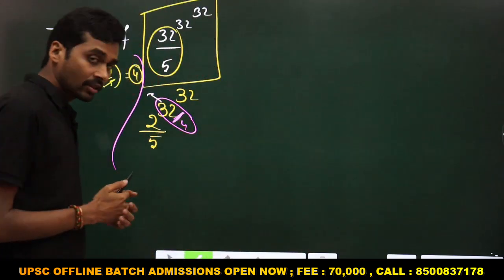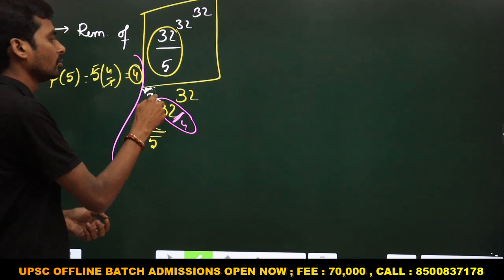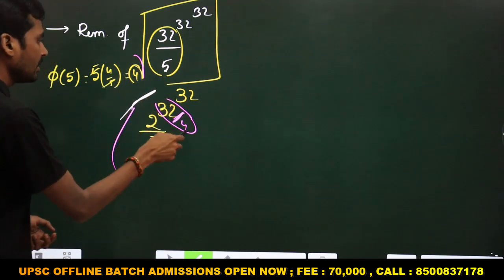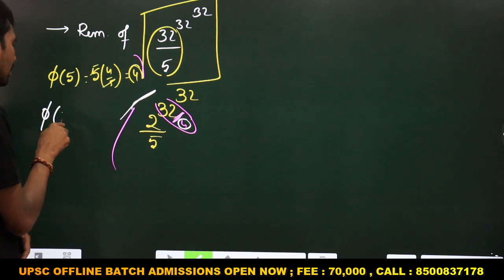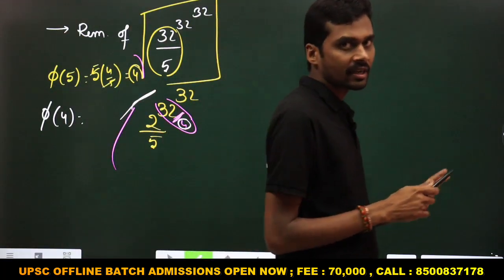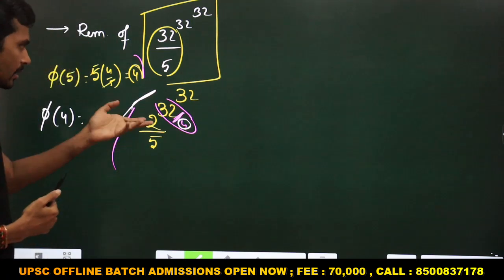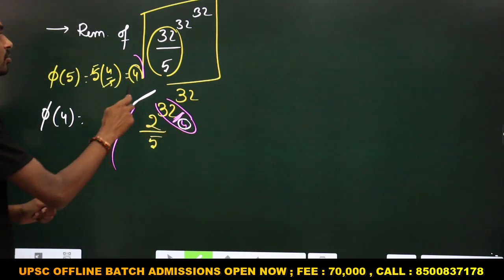If you are dividing any number by 4 and you get the remainder 0, then again you take this one. Because we are not getting 1. Only if I get remainder 1, then I can stop there. Otherwise I can go forward. So since I am not getting remainder of that number as 1, I can also take the remainder of this Totient.